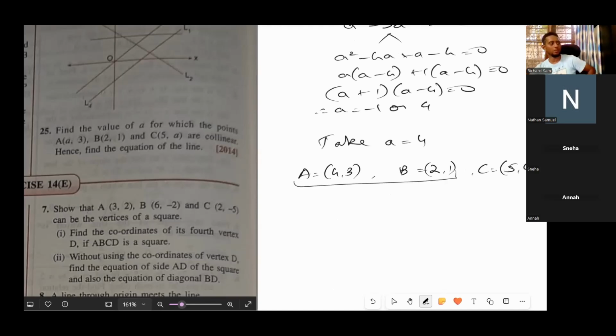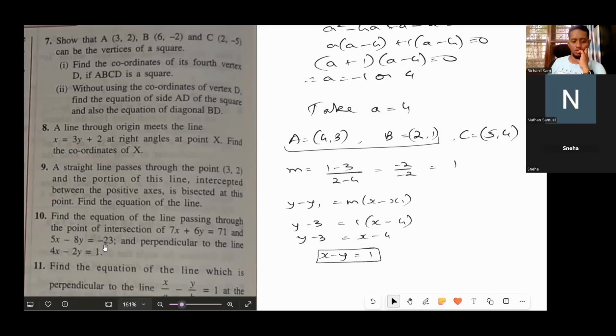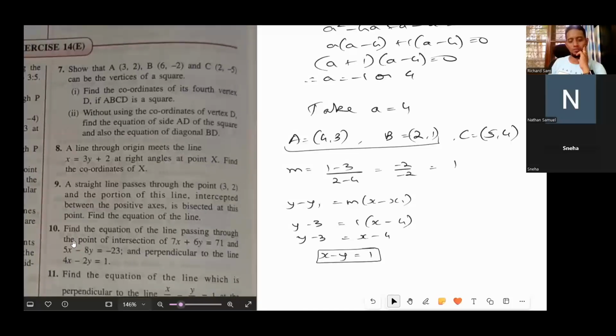Okay, these are your 3 points A, B, C. Take any 2 points and find the equation. Okay, look at the 10th question from the next exercise once you're done.